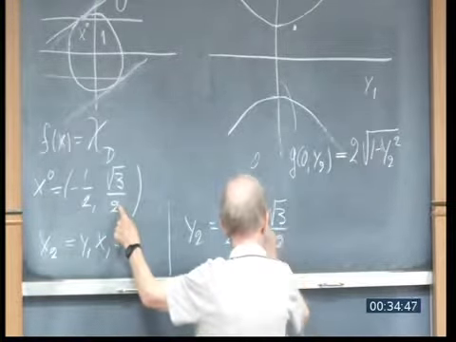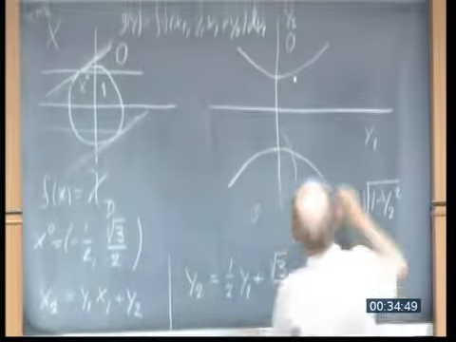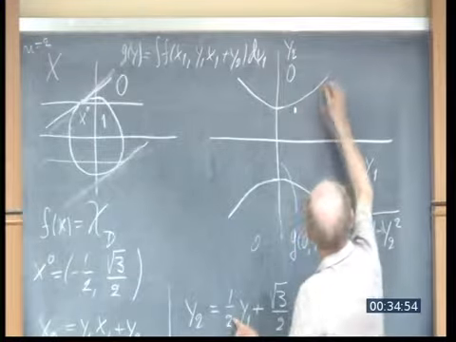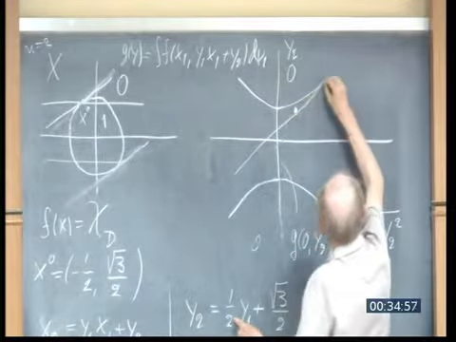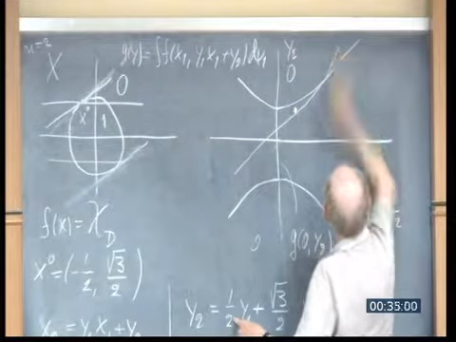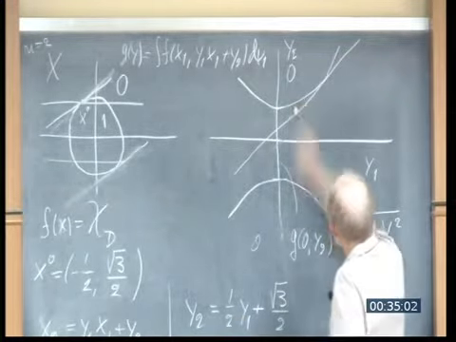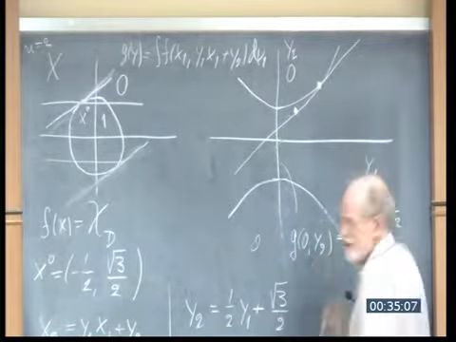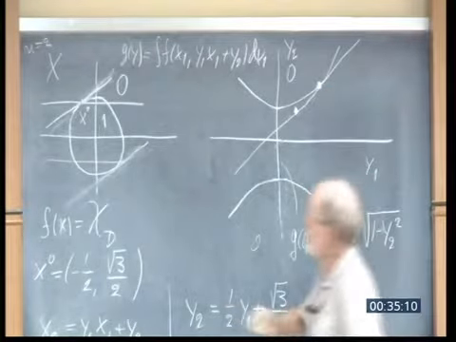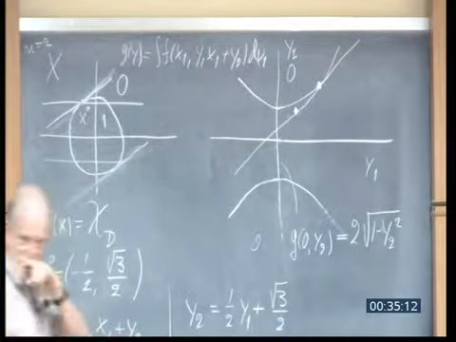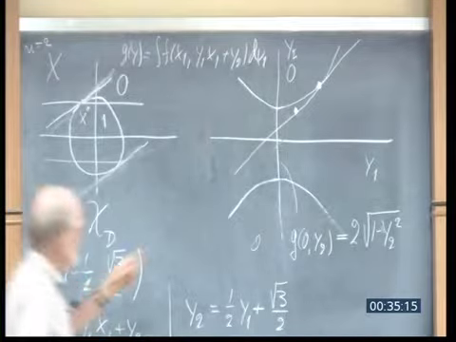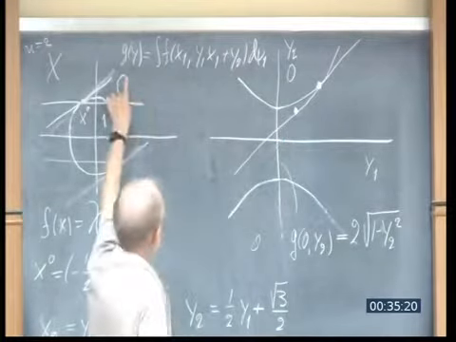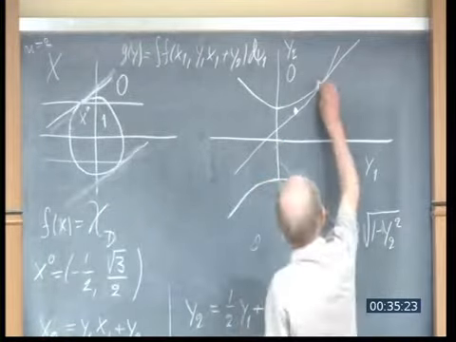So the slope should be 1/2, so this point corresponds to the tangent line here. And we can see in the picture that the Radon transform has its singularity here.